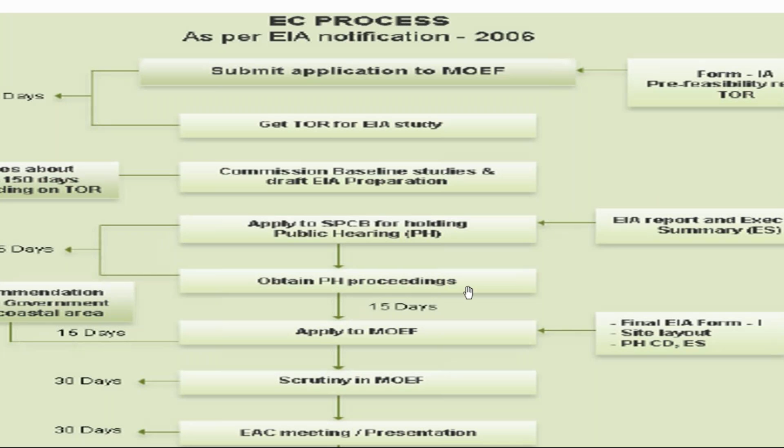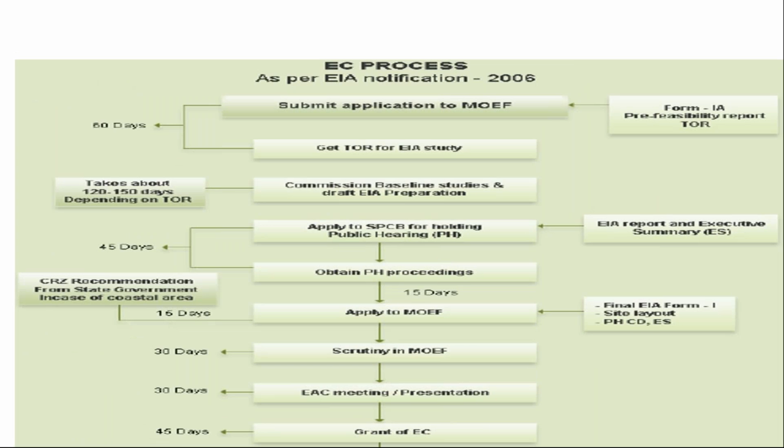And all these activities require some duration. Initially there are 60 days for the submission of applications and receiving the response, then 120 to 150 days for the ToR activities, 45 days for the public hearing activities, then CRZ recommendations for 15 days, then scrutiny in MOEF of 30 days, then ESC meetings and presentations 30 days, and granting of this environment clearance 45 days.